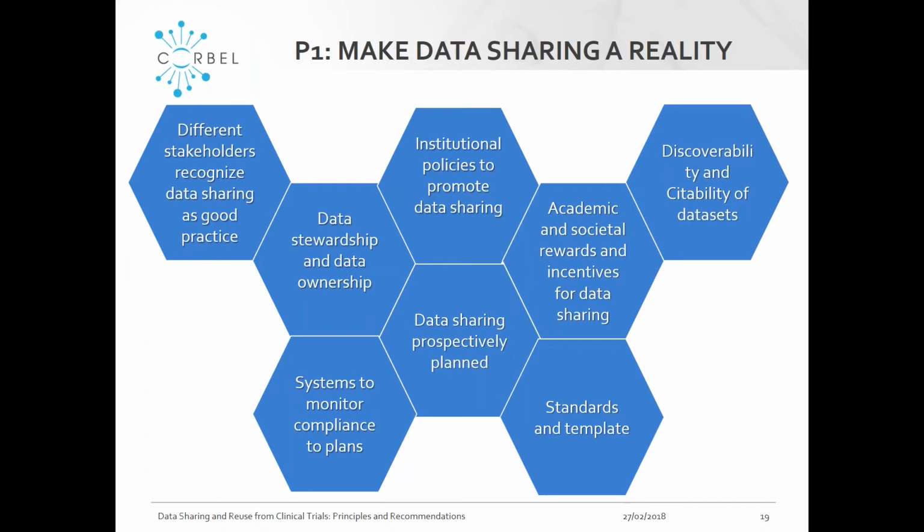So shared data sets should be considered legitimate, citable products of research and adequately considered in the researcher's career evaluation, or for instance when trying to access funding for research.